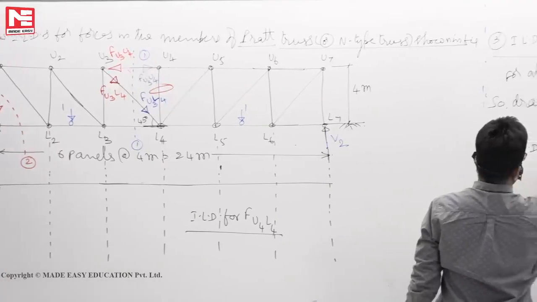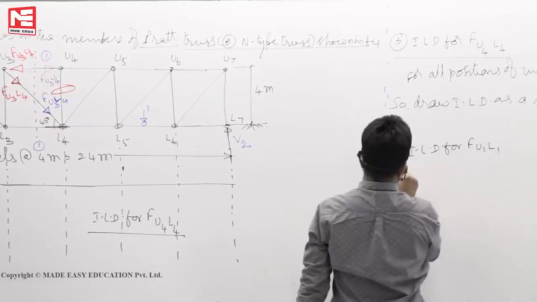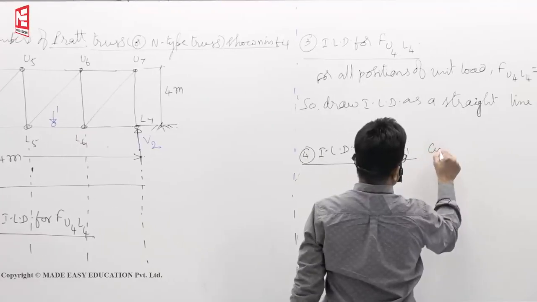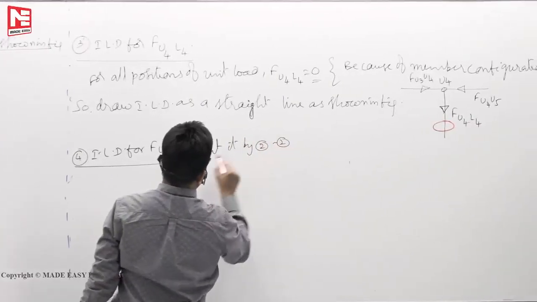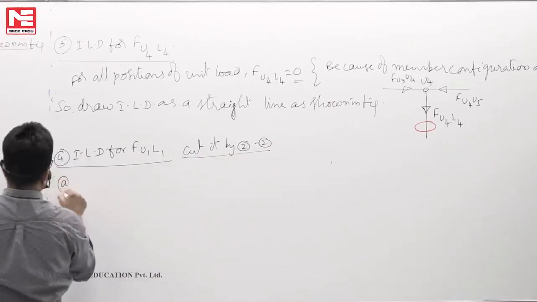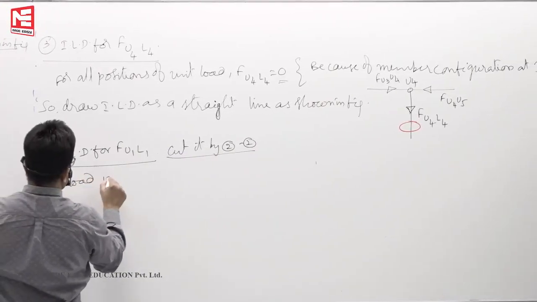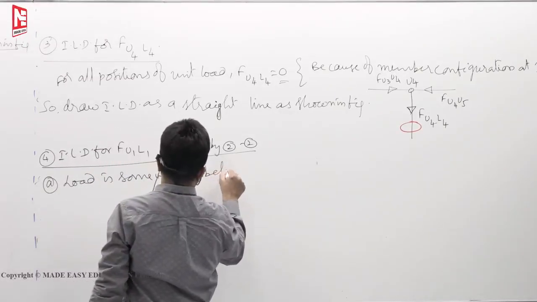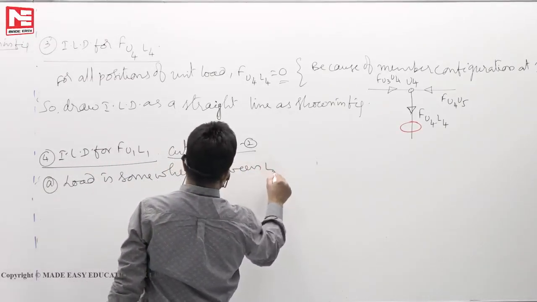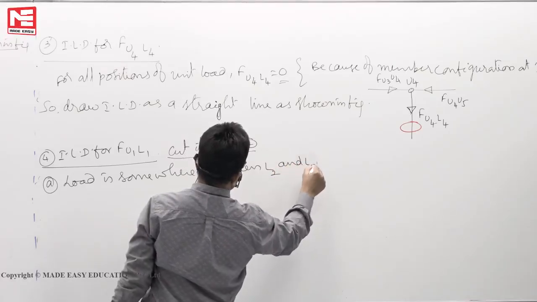So that we'll write now. ILD for F U1 L1. First what we have to do is cut it by 2, 2. Load is somewhere between L2 and L7.